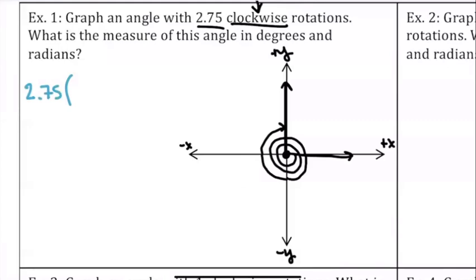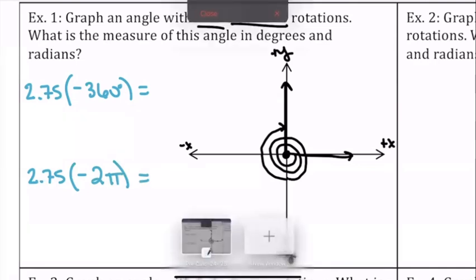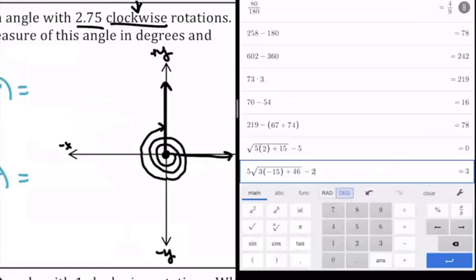If I'm going in the clockwise direction, which is negative, I would do a negative rotation. So negative 360. Or if I wanted it in radians, I would do total rotation times negative 2 pi, because that's a full rotation in radians. So 2.75 times negative 360. I'm just going to type that in my calculator.